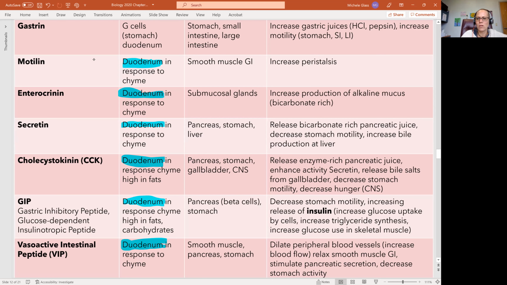And then let's also emphasize that most of these are going to decrease the stomach activity. Again, that's this idea of, hey, we need time to be able to process this nutrient.